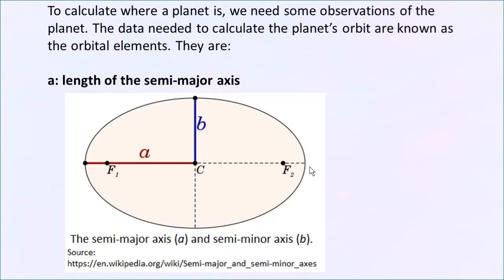Axis just means that line going down the middle of this ellipse. So it's very straightforward language. So what astronomers use is the length of the semi-major axis. It can be measured in meters and miles and kilometers, some measurement of actually how far away the object is. We need to know how far away it is.